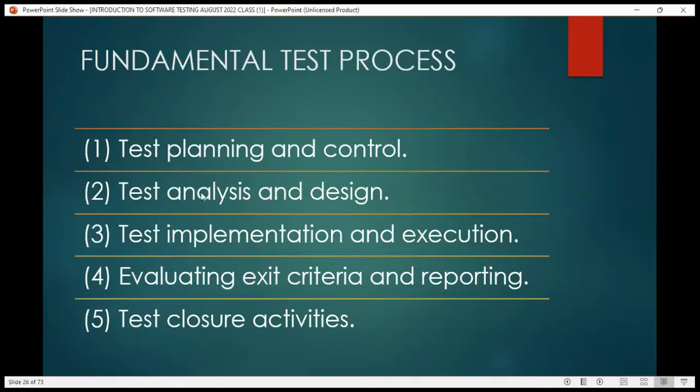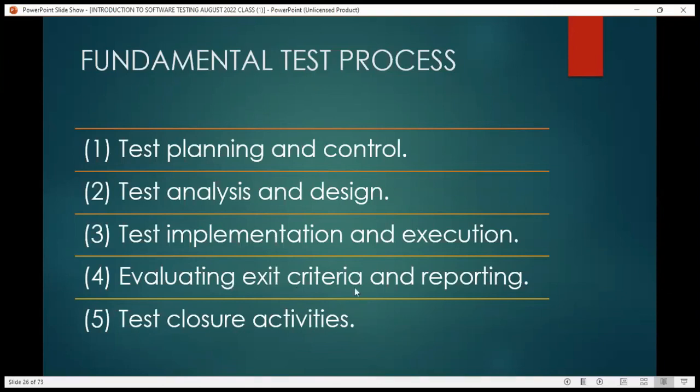This is where I've said test planning and control, test analysis and design, test implementation and execution. This is the third phase that I have shown you. The analysis and design are the ones I have shown you, the test case and the design. Test planning and control is what we are going to do next time, how to write your test plan and your test strategy.